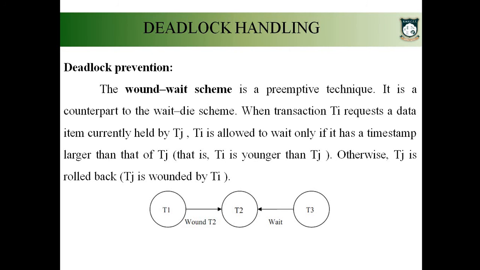Whereas this wound and wait scheme is a preemptive scheme or a preemptive technique. So what does it mean? Because of your request, it may disturb an already executing transaction. That is why it is referred to as preemptive. Okay, fine. Now let us see with this diagram. Put your focus on the diagram. The same logic is applicable here also. So T1 started first, followed by T2, then followed by T3.